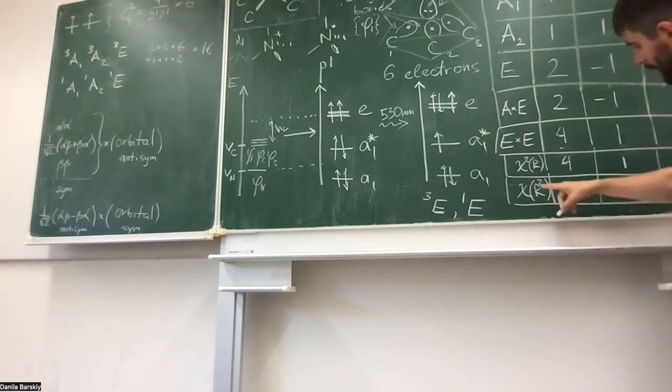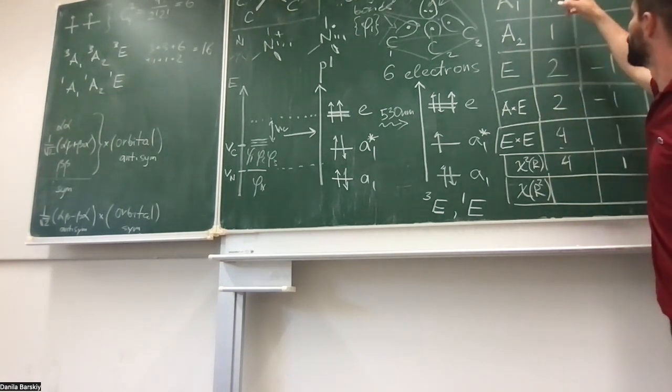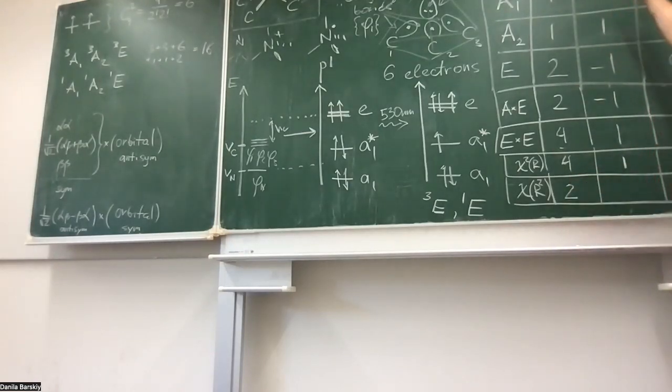Now you take the character of the operation squared. For E, you repeat it, so the character of E is 2. When you repeat C3 twice, it's another C3, and its character is -1. You repeat σv twice, it's E, and the character of E is 2.